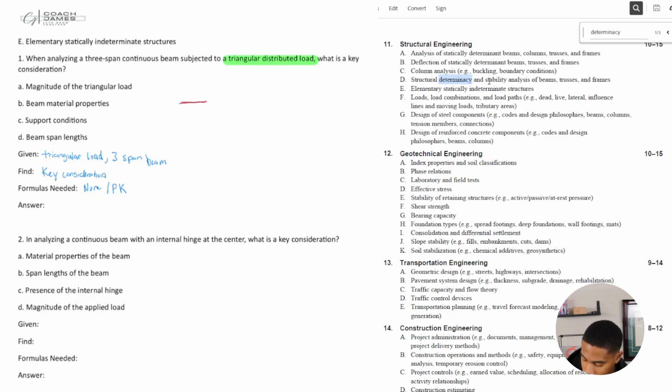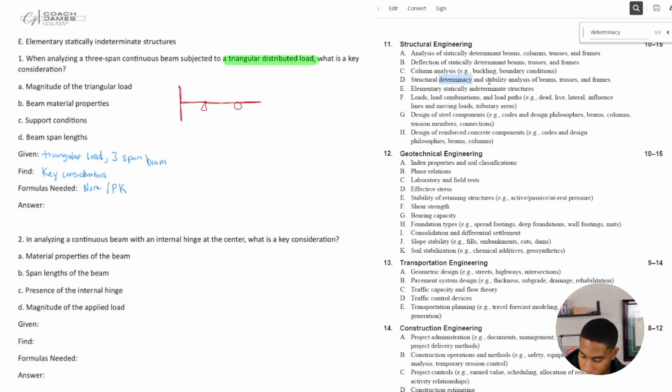So the first span could start off with a fixed reaction, and then it spans, right? And then it's supported by a pin, and then it has a second span, and then supported by a roller, and then it has this third span, right? So each place in between supports are the spans, right?